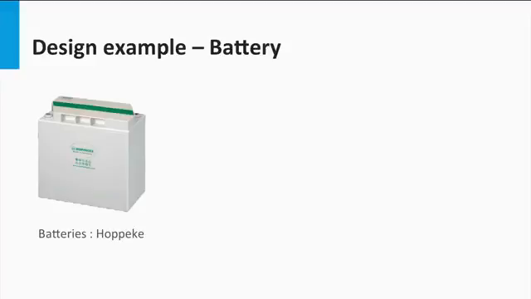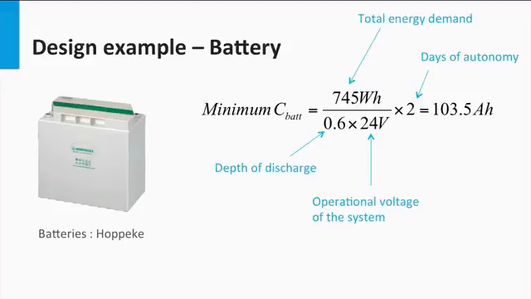The minimum battery capacity can be derived as follows. Based on the operational voltage, depth of discharge, and energy demand, the battery capacity can be sized as follows. Note that the days of autonomy and the system losses tend to increase the battery bank size.